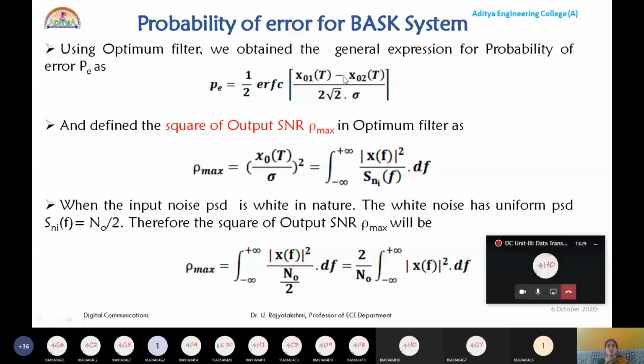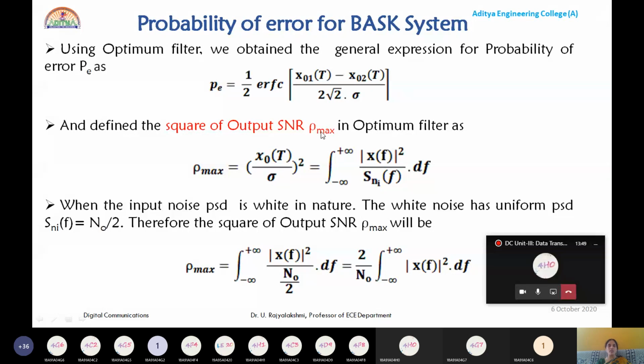What is the output SNR in this first expression? x01(t) minus x02(t) is the change in the output signal, divided by sigma, the deviation. If you take the square of this, that term we defined as rho max. Why the suffix max?